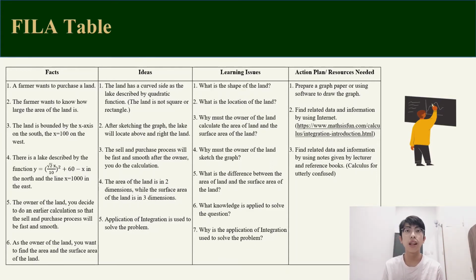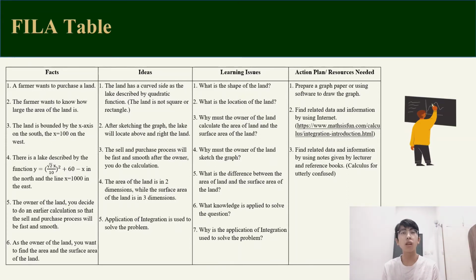Number 4, there is a lake described by the function y equals (square root of 2 times x/10) squared plus 60 minus x in the north, and the line x equals 1000 in the east. Number 5, the owner of the land decided to do an earlier calculation so that the sale and purchase process will be fast and smooth. Number 6, as the owner of the land, you want to find the area and the surface area of the land.